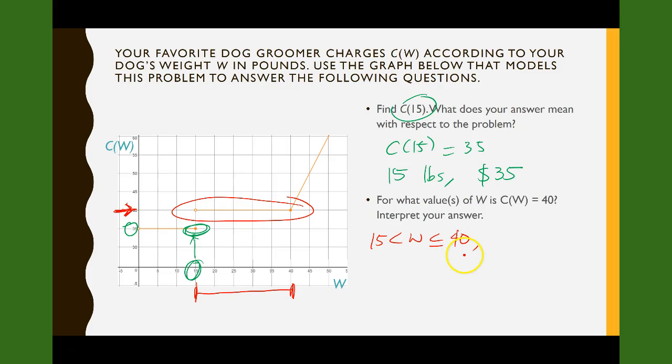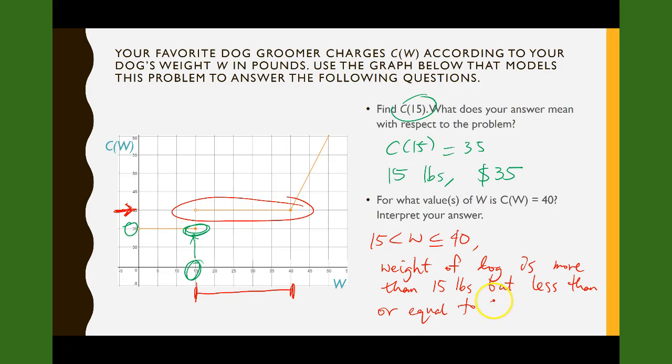This means if the weight of your dog is more than 15 pounds, but less than or equal to 40 pounds, the dog groomer will charge you $40.